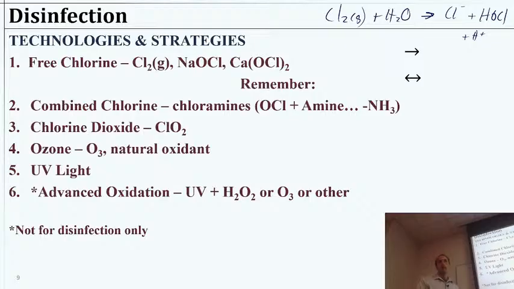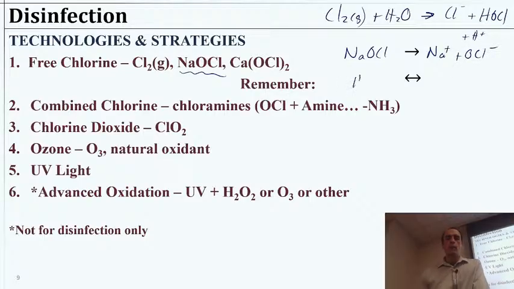That is done sometimes. Chlorine gas is extremely hazardous and difficult to manage, so it's generally preferable not to do it that way and use either sodium hypochlorite or calcium hypochlorite. You'll find this in your standard bleach at home for cleaning. When we add something like NaOCl, we simply get sodium and OCl minus.